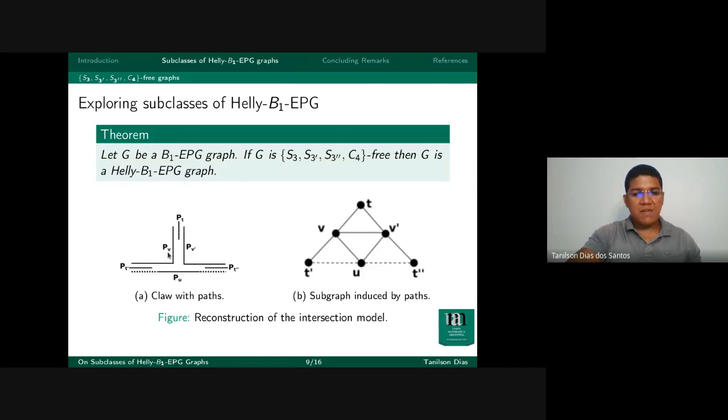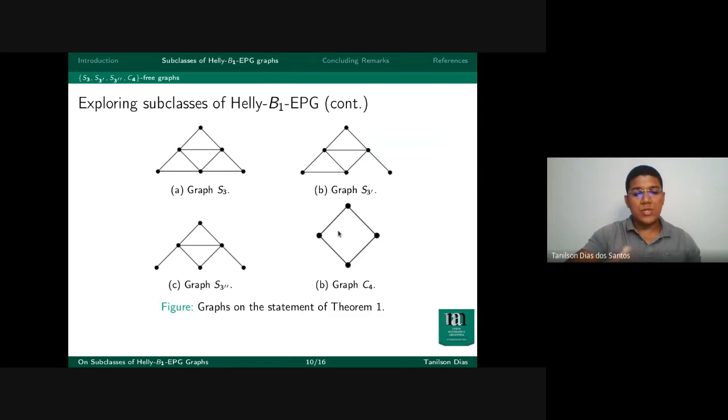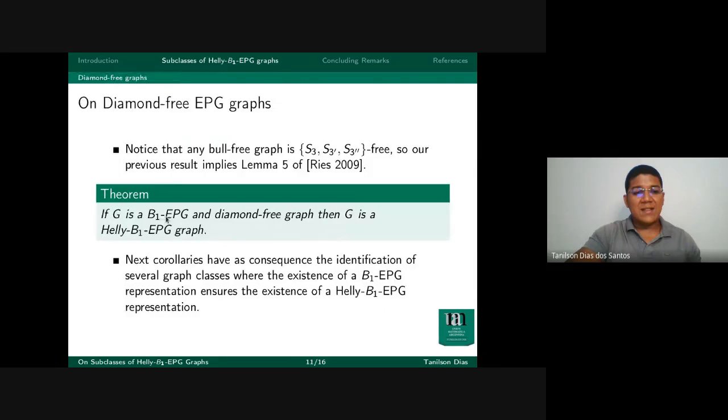For instance, the paths PV, PV line, PU, and PT that correspond to vertices V, V line, U, and T. These 4 vertices form a diamond. These 4 vertices form another diamond. And these 4 vertices form another diamond. So, in other words, graphs that are B1-EPG and diamond-free do not have the structure to be non-Helly B1-EPG graphs.